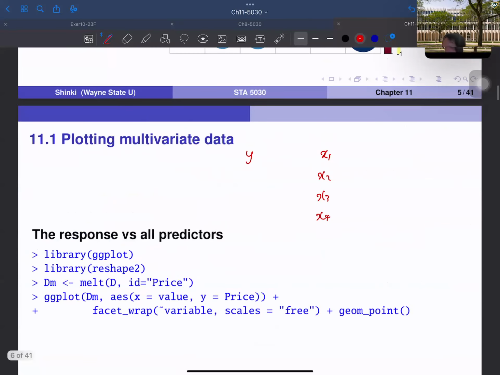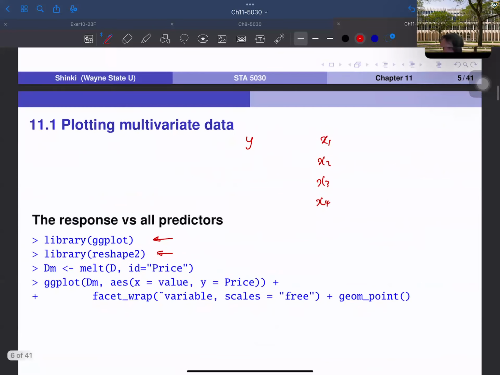That can be done with the ggplot library and also the reshape library. ggplot is a more comprehensive function to make plots. So this is the data set, DM, and we have some code to change the format of the data.